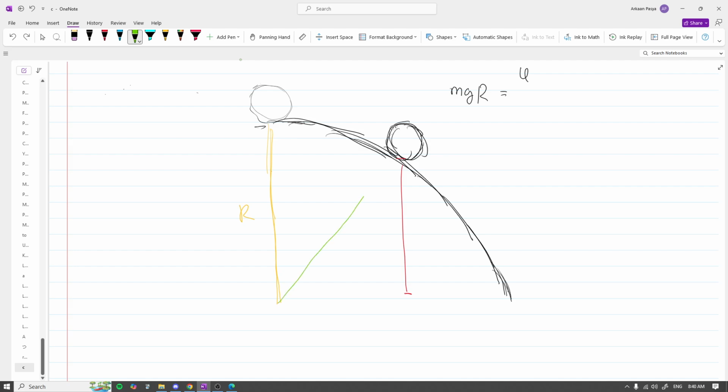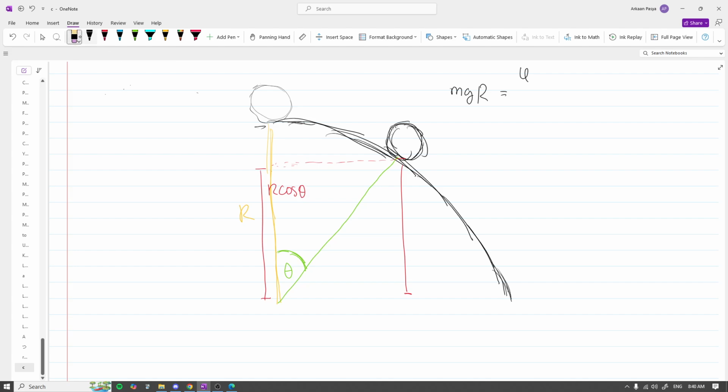We don't know what this height is, but we know that it has a correlation with r. It also has the angle theta. So how to describe this line: this height is also the adjacent line of r. So it is r cosine theta.